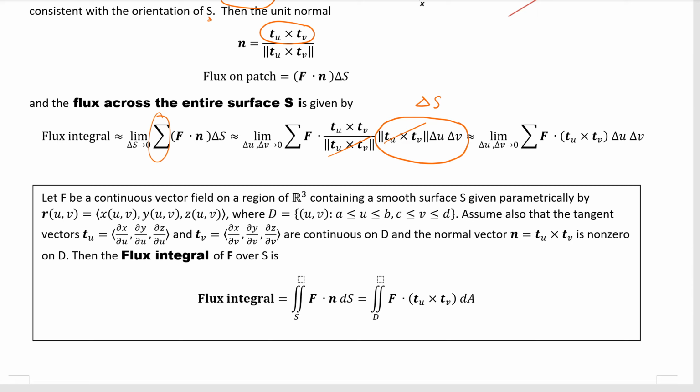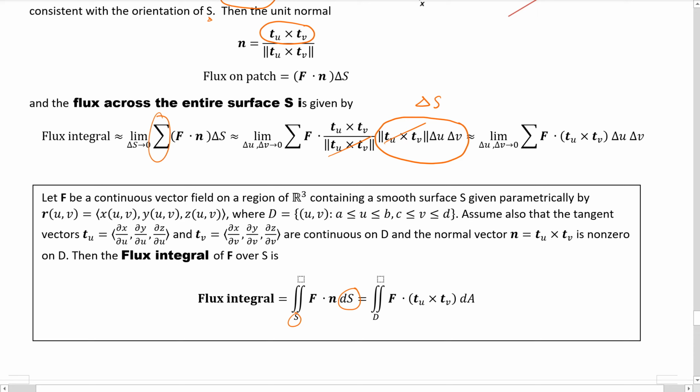Assume that the tangent vectors Tu and Tv are continuous on D, and the normal vector n equals Tu cross Tv is non-zero on D. Then the flux integral of F over S is the double integral on the surface of F dot n dS. Okay.